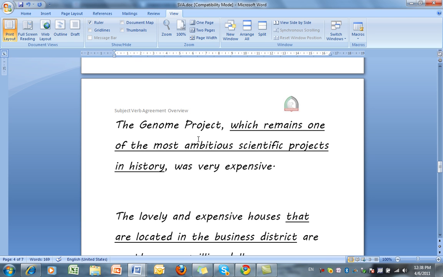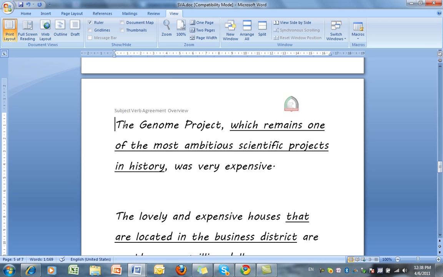The Genome Project, which remains one of the most ambitious scientific projects, was very expensive. So here we have the project, which is singular. Singular action verb, singular past tense verb.